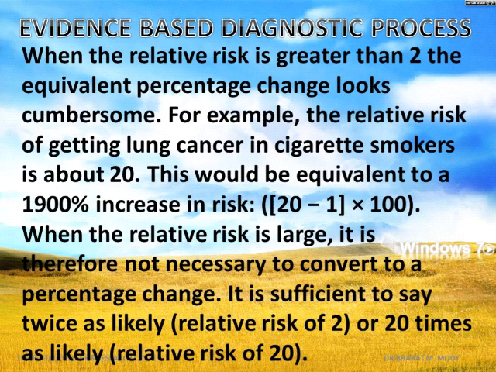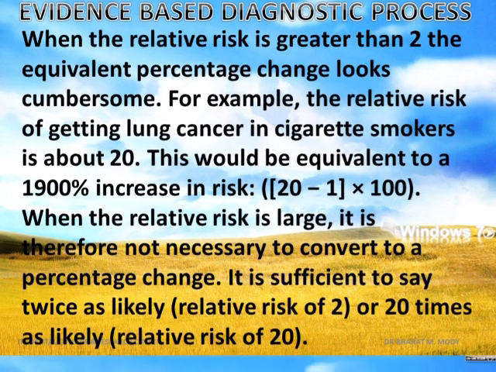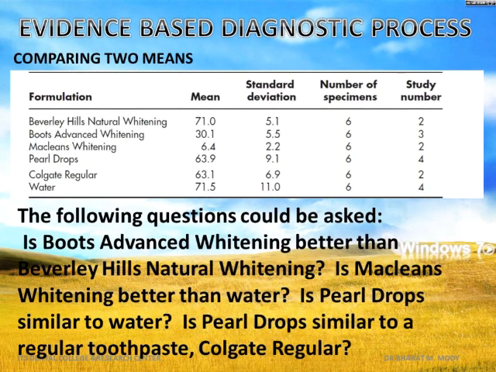The interpretation becomes that the relative risk is 20, or the risk is 20 times more in those people who are smoking and having lung cancer than those who are not smoking. This is the difference which you can make when your relative risk is very large.